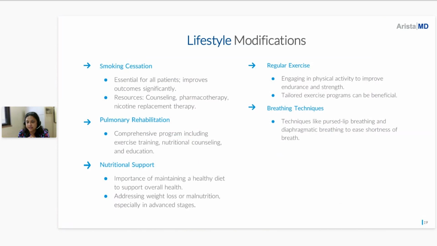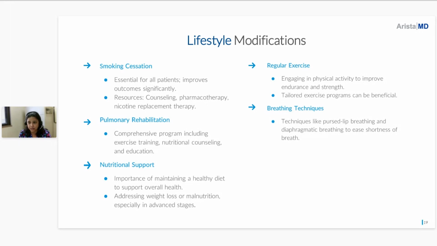It's a comprehensive program including exercise training, nutritional counseling, and education to help manage their COPD holistically. At our institution, it's a series of 8 weeks, 3 times a week. They are going in a monitored setting to do their exercise programming as well as get the nutrition and educational counseling that's tailored to their needs.